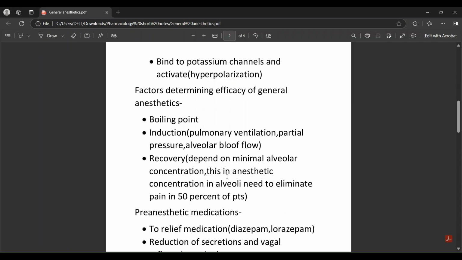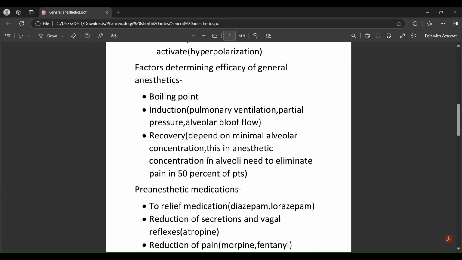What are the factors that determine the efficacy of general anesthetic? It is the boiling point, and for induction, pulmonary ventilation rate, partial pressure, and alveolar blood flow. And the recovery depends on a concept called minimal alveolar concentration. This is nothing but the anesthetic concentration in alveoli needed to eliminate pain in 50% of patients.